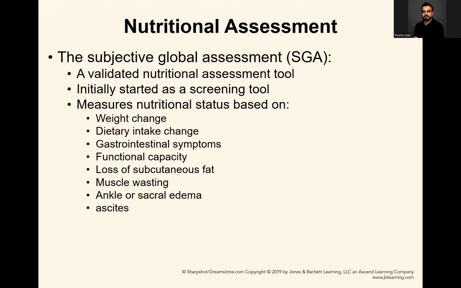The subjective global assessment, abbreviated as SGA, is one of the well-known nutritional assessment tools, and it is a validated tool.